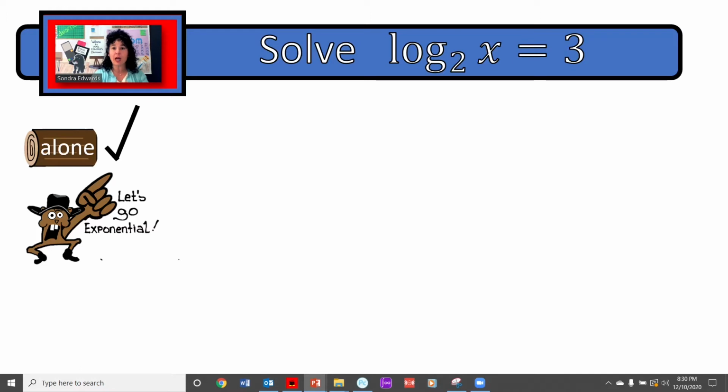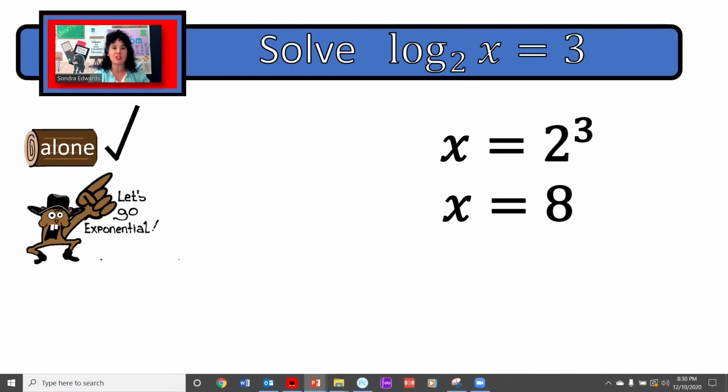So we have 2 to the power of 3. The log falls in the tunnel, and so x is over there on the left by itself. X equals 2 to the 3rd power. We just went from log form to exponential form. A little simplifying, and boom, there's our answer, 8. X equals 8. We have got an x by itself, last man standing.